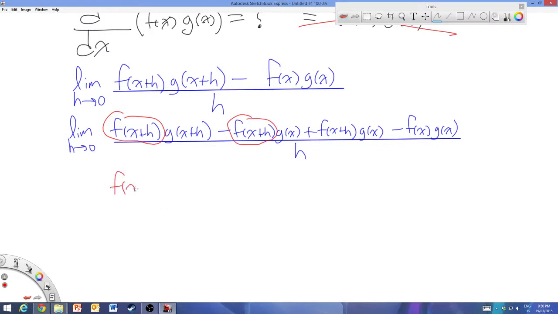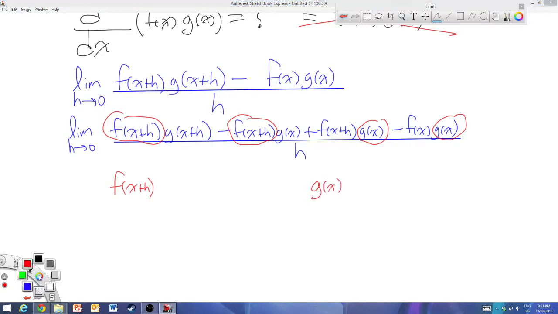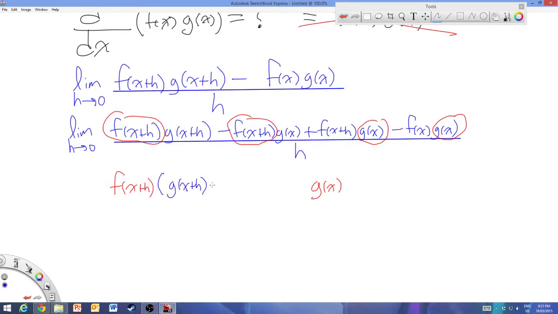The two terms after that have a g of x common, so I can take out a g of x from that one. When I do this, the first term ends up becoming g of x plus h minus g of x, and we'll put a plus there, this term ends up becoming f of x plus h minus f of x as follows.